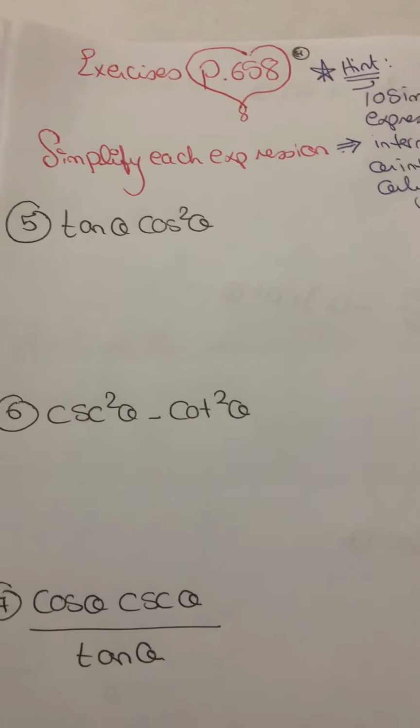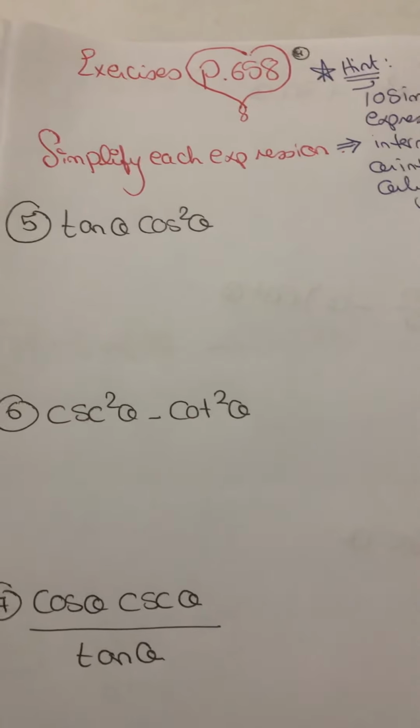Question number 6. Again, I have a reciprocal identity and I have a quotient identity over here, and they're squared. So cosec squared theta, I can change it to 1 over sine squared theta minus. This was a quotient identity which says cotan theta is equal to cosine over sine.